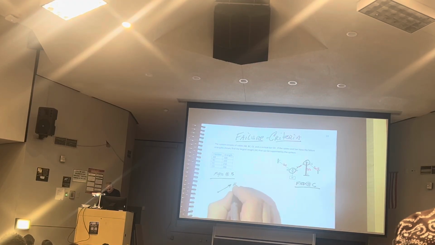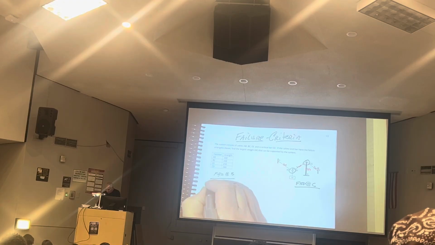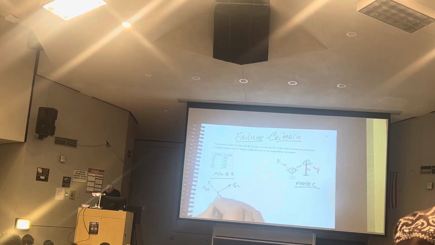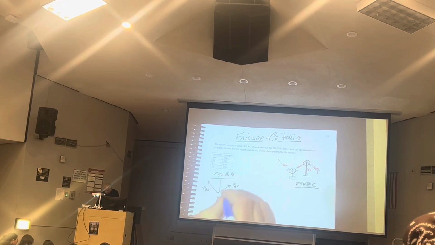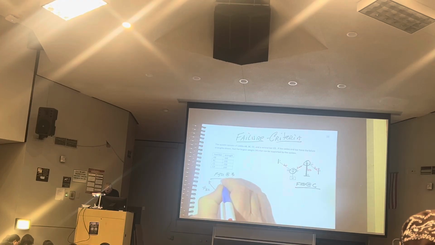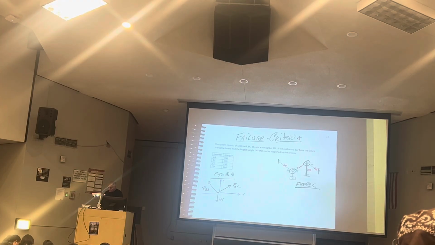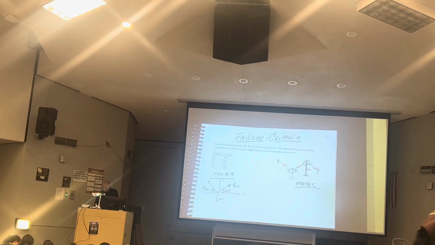I have a force FBC, I have a force FBA, I have a weight downward W. Coordinate system, same old standard XY. I don't have an incline. The angles are 60 here, 30 there.